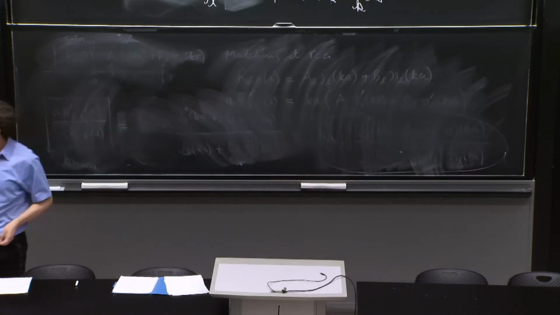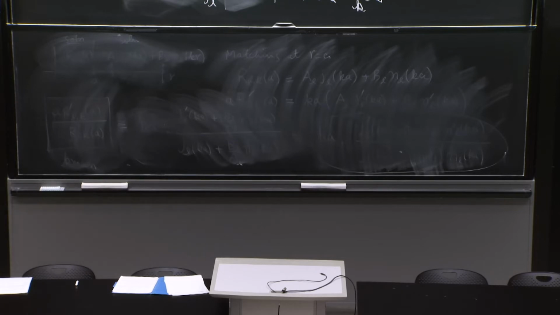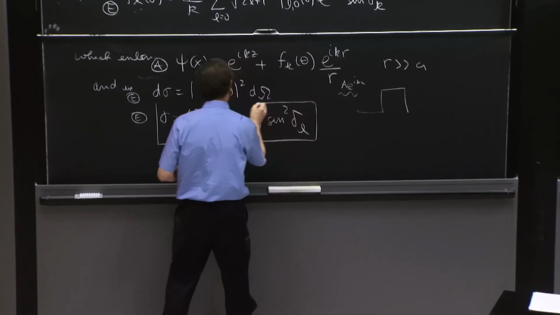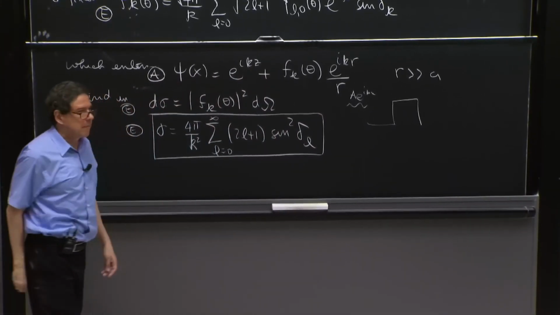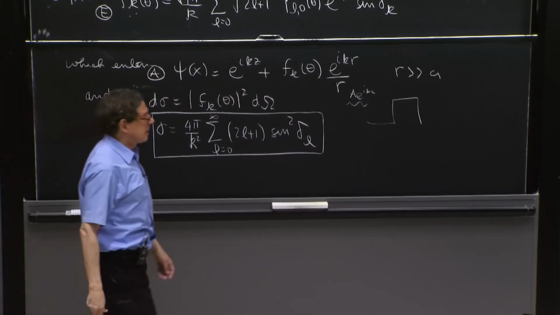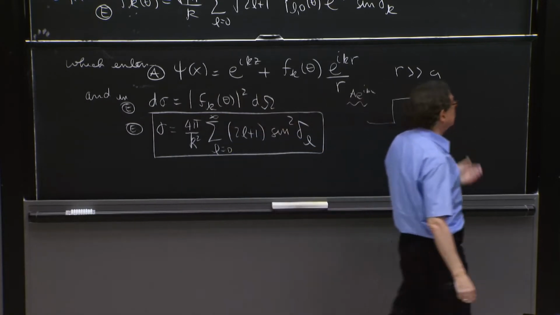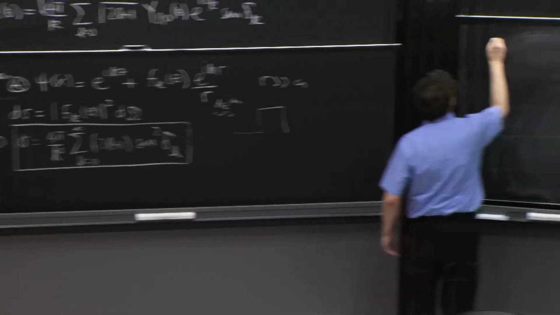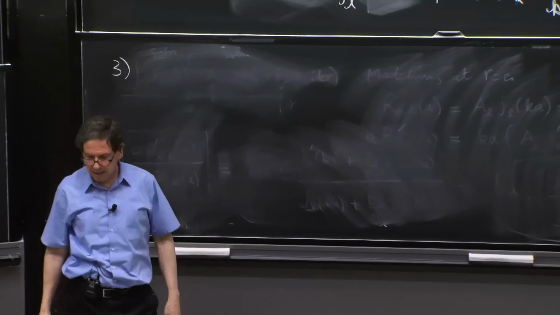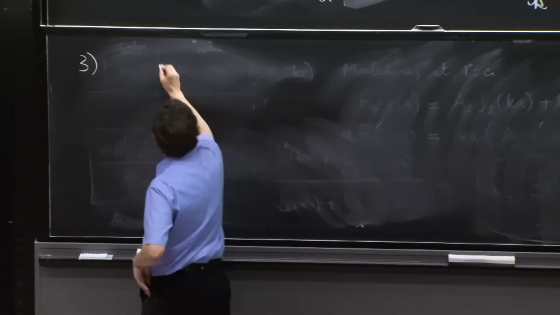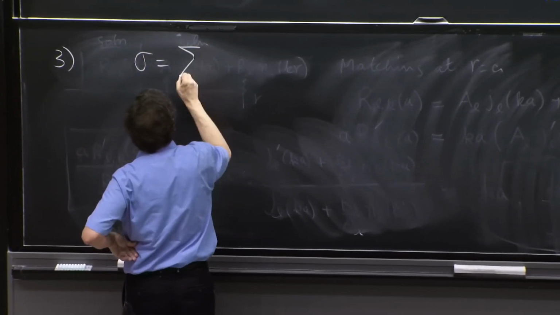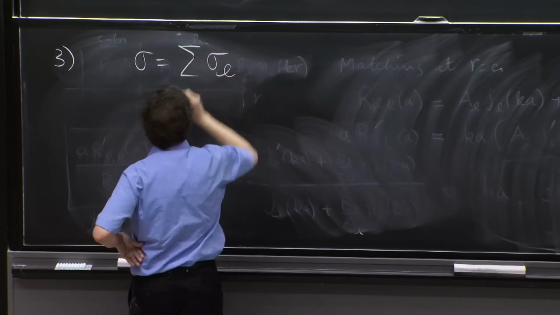Okay, so I'd say recall this equation. Sigma is given by the total cross-section. The total cross-section is given by this sum. So sigma is the sum of sigma_L's.